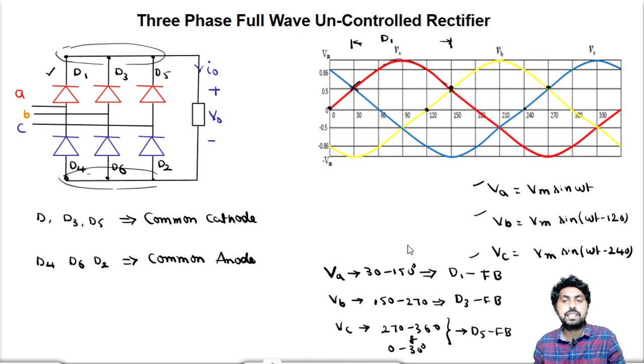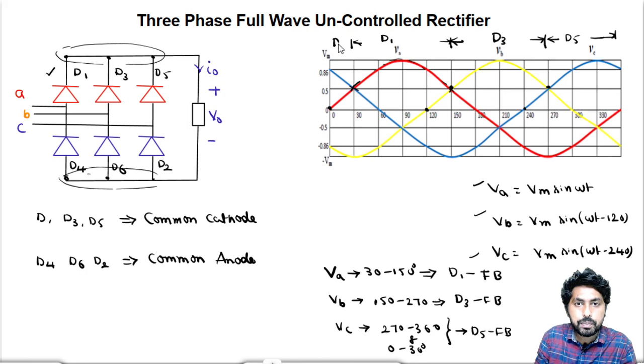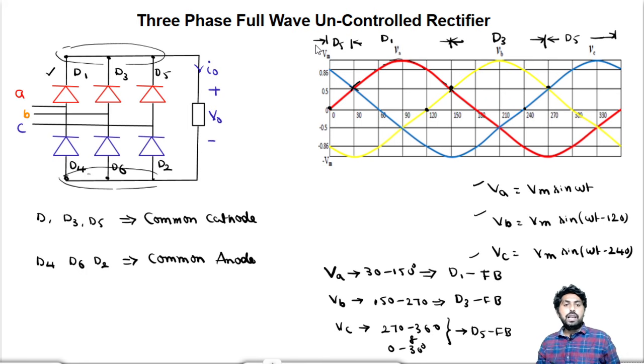Let me represent these devices: from here to here it will be D3, from here to here D5, and in this gap also D5.